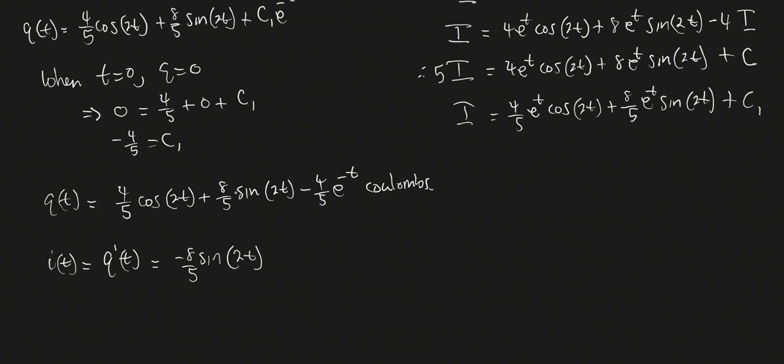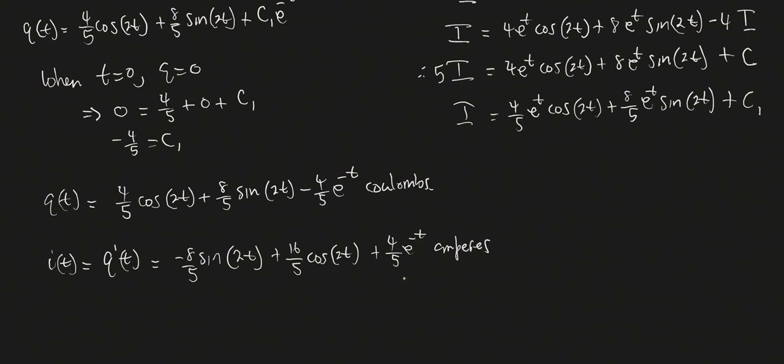And then differentiating sine gives me cosine, but then again chain rule, so I'll end up getting 16/5 cosine of 2t, and then again applying my chain rule and my rule for exponential functions, I get a positive 4/5 e to the negative t, and then the units here would be amperes, right?